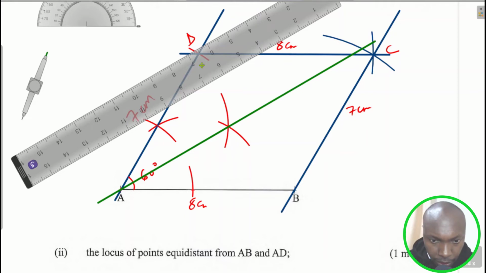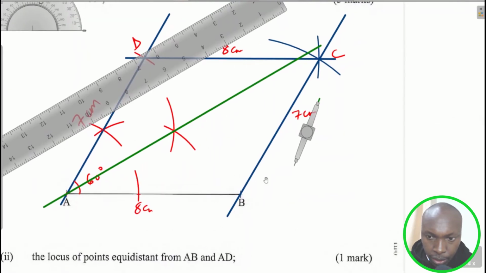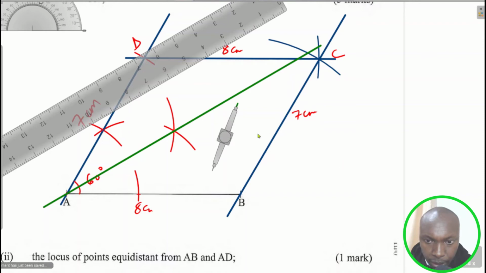Now, after obtaining that locus, we can go to the next question. The perpendicular bisector of BC, that is part 3. This is what you're going to do. Take a pair of compasses and stand at B. Open it more than half of line BC.